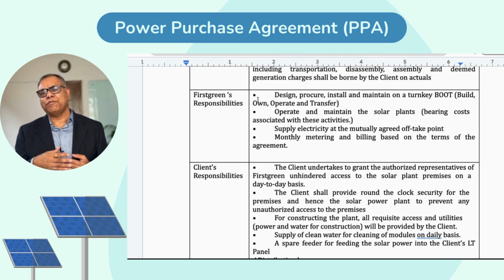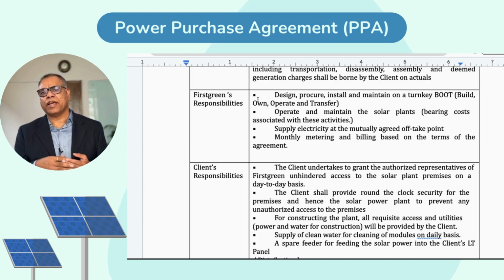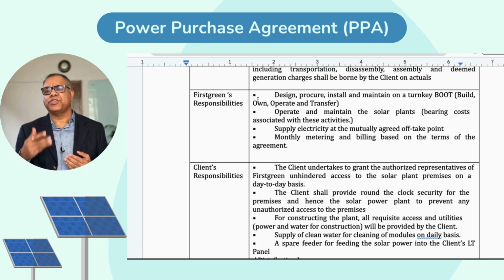If I have signed a PPA but I am taking too long to install, then it is a loss to the off-taker. So you have to define the timeline, in how much time you will install. And if you default on your timeline, there can be some penalties associated with the execution of the project.